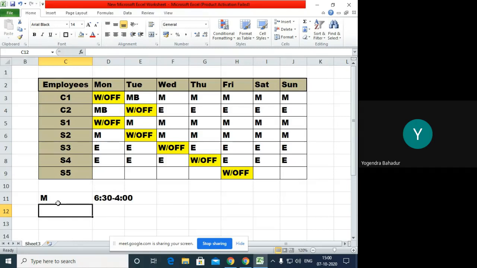Likewise, if we talk about the evening shift, the timing for the evening shift is from 2 till closing, generally from 2 till 12. If we talk about the morning break, the timing for the morning break will be 6:30 till 4 o'clock, and again from 7 till 12.